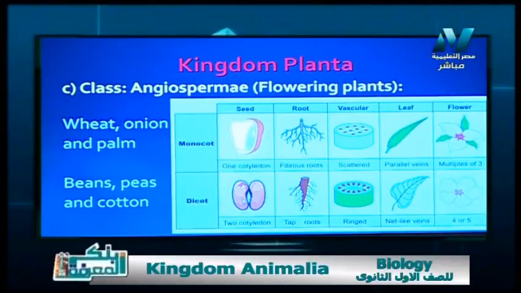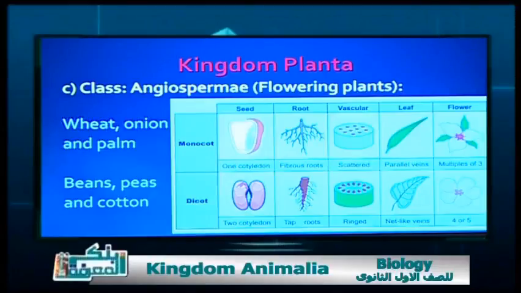So one cotyledon for monocotyledonous plants and two cotyledons for dicotyledonous plants. Speaking about the root, it is a fibrous root in monocotyledonous plants, and a tap root in dicotyledonous plants.